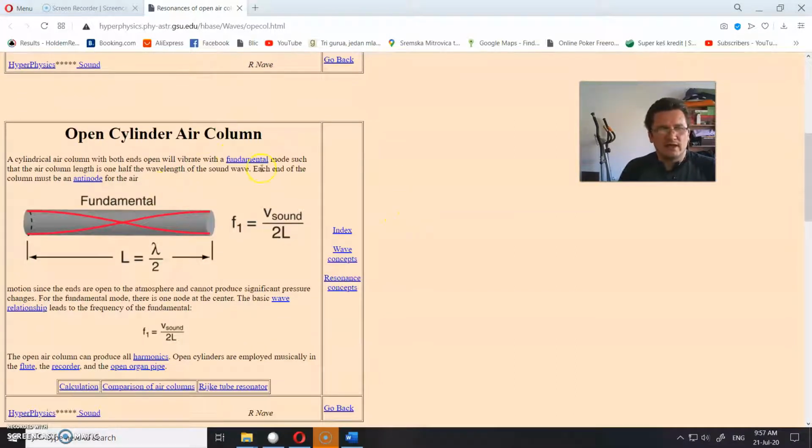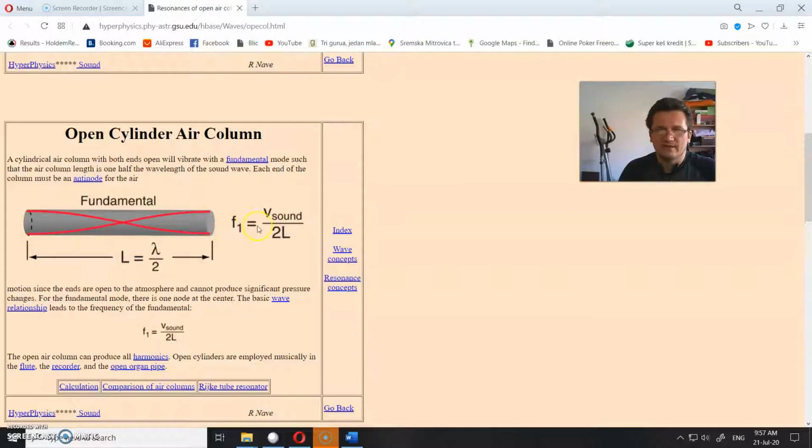So as you can see here, open cylinder air column. First of all, in terms of the wavelength, length is actually half of the wavelength. And as you can see here, frequency is when you divide the speed of sound by two lengths.